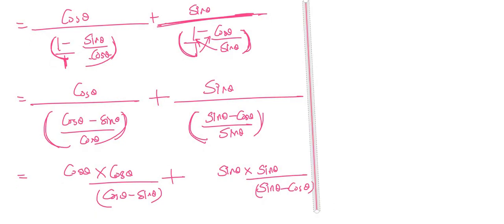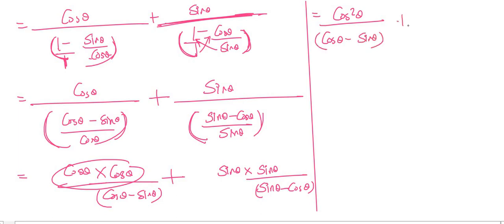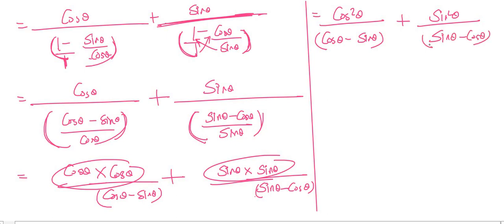Now what can we do? Simplify, that's all. So see, this into this is cos square theta by cos minus sin, plus this into this is sin square by sin minus cos. Observe carefully. What do you see?